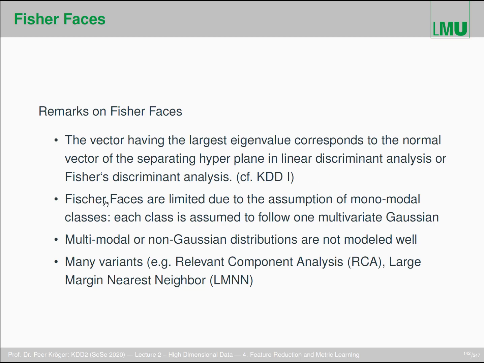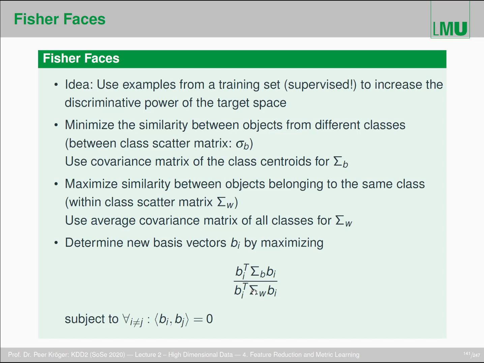Fisher faces are limited to something, and the something is the assumption of unimodal classes. So each class is assumed to follow one multivariate Gaussian, because we model them with one covariance matrix and then take the average. So if one of the classes does not follow one Gaussian distribution, then the covariance matrix will have a very negative impact on the average covariance matrix of all classes.